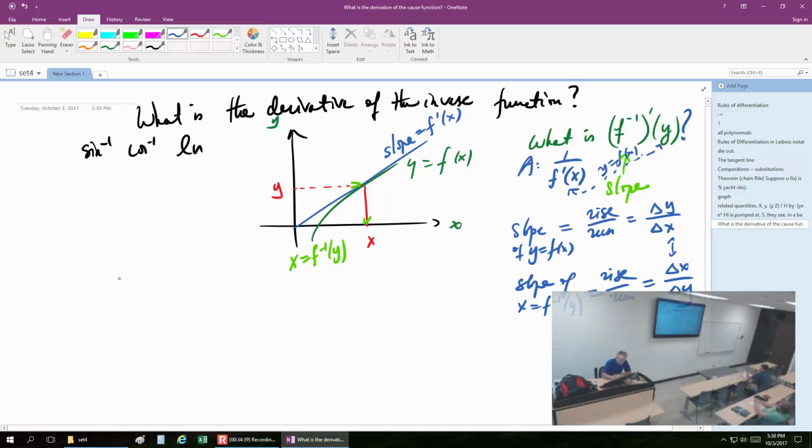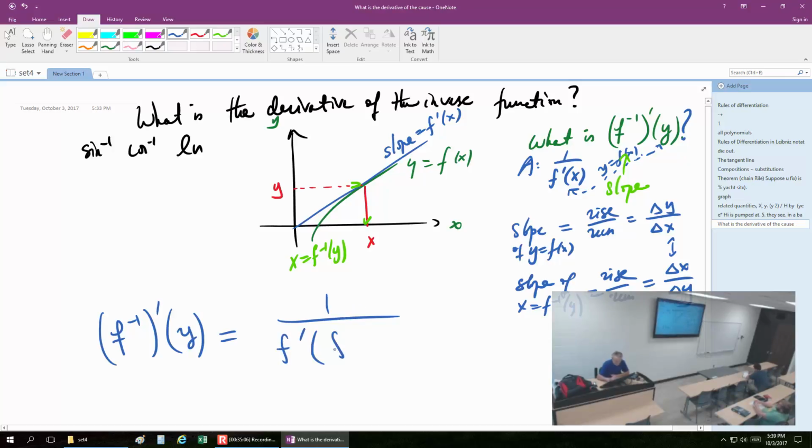Okay, so if you want to now write the equation, then the derivative of f inverse equals 1 over f prime. So once again, the inverse function derivative is a function of y, and is equal to 1 over f prime of f inverse of y.